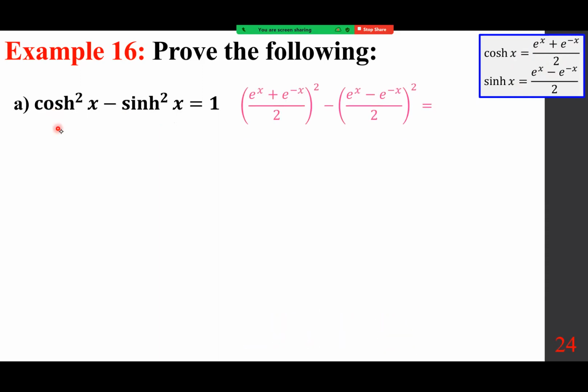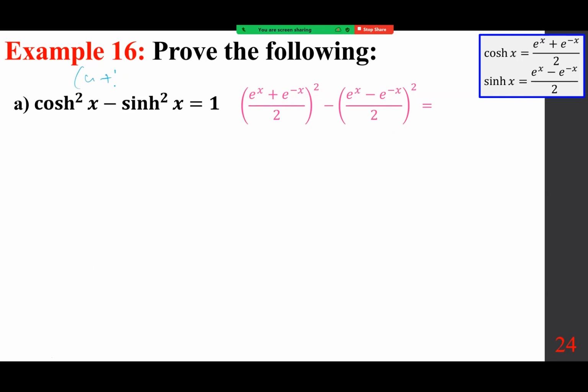So all we have to do is square each one. Obviously, when you square this, the denominator in both cases becomes 4. And the numerator, you square this one. Let me just write that so everybody knows.